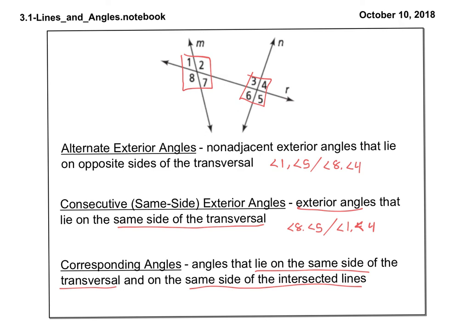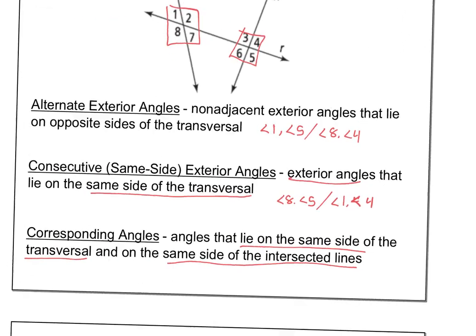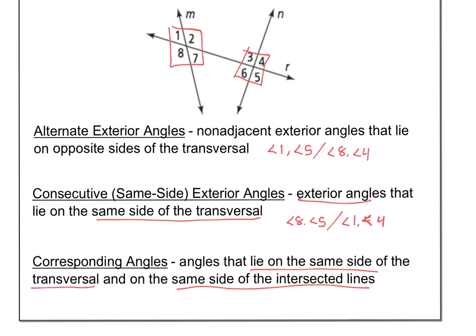One example of corresponding angles would be angle 1 and angle 3, because they are both in the top left corner of their little boxes.